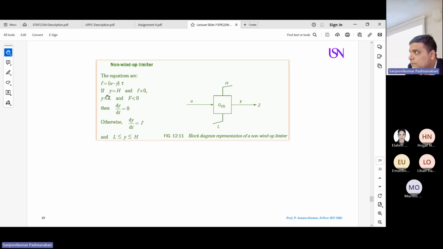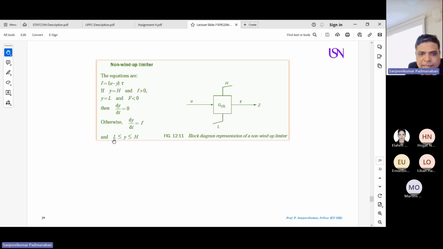For this, for example, if you take y equal to H and f is greater than 0, and y equal to L and f is less than 0, please use this f as capital. Both the cases are the same. Then dy by dt is going to be 0, because the differentiation of a constant is always 0. Otherwise, dy by dt equals f.